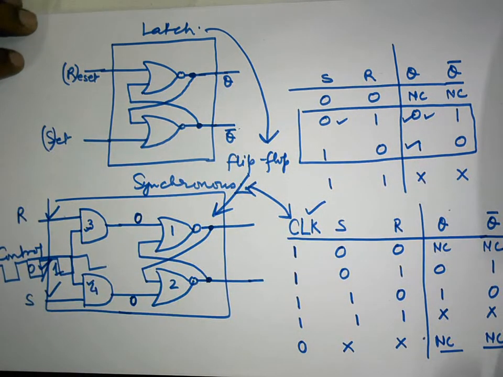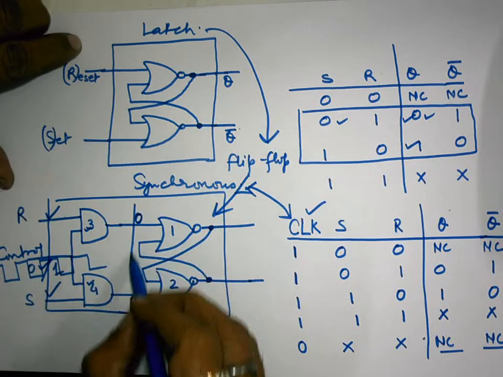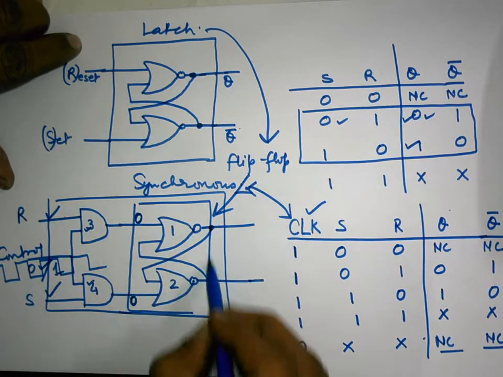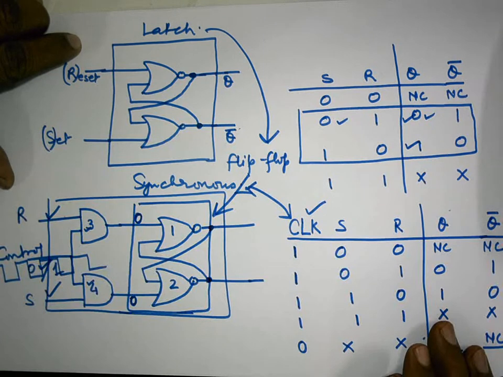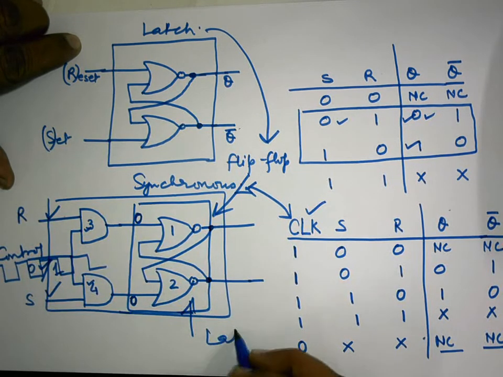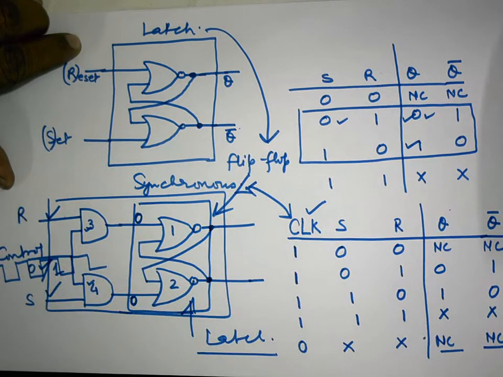But you see, the soul of any sequential circuit, the decision making point, the circuit which is going to decide what will be the ultimate output, is the latch. It is this latch that is going to decide what the final output will be. When the final output will occur is controlled by this clock.